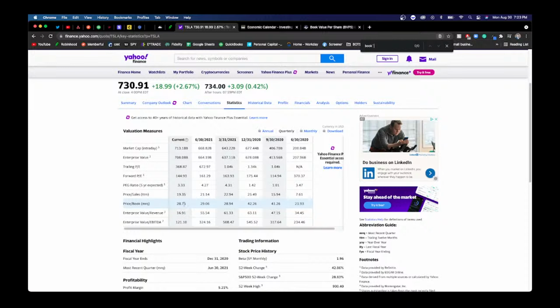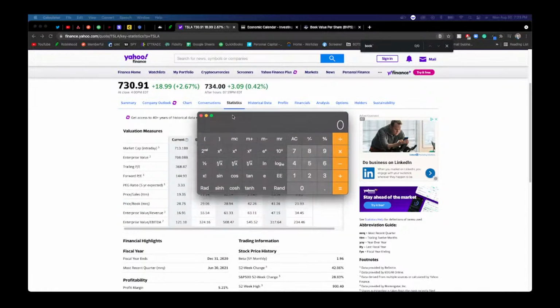So 28 right now. 28 price to book, meaning if we were to do this calculation, take the share price, 730, divide it by what their price to book is, 28.